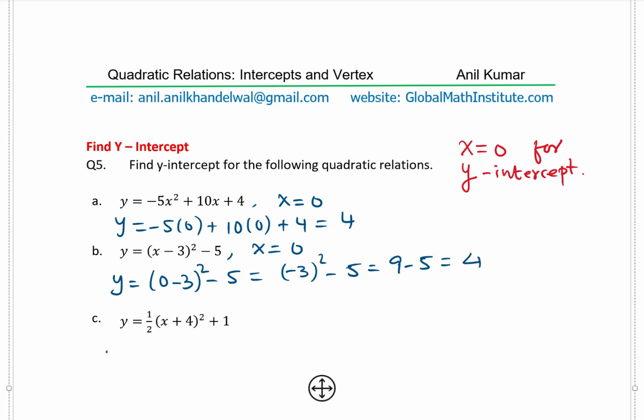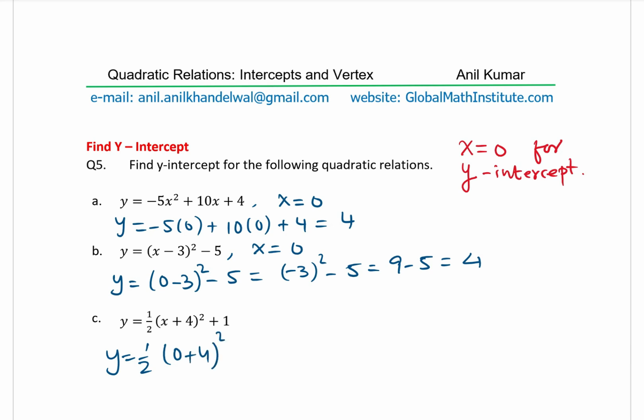And the last is y equals half 0 plus 4 whole square plus 1, which gives y equals half of 16 plus 1, which is 8 plus 1, and is equal to 9. So we got all our answers right there.